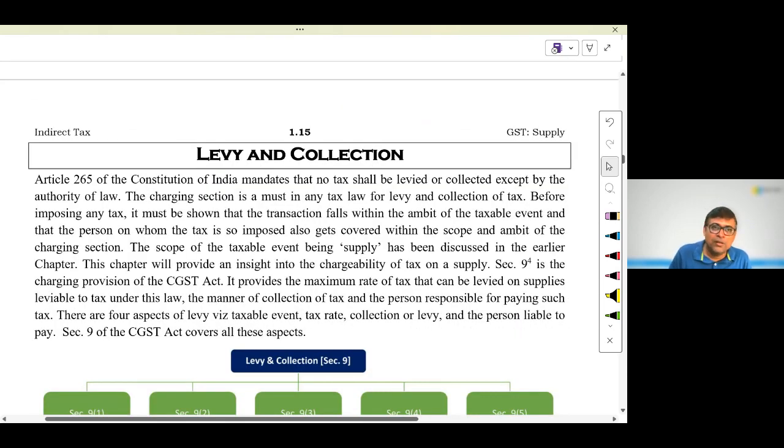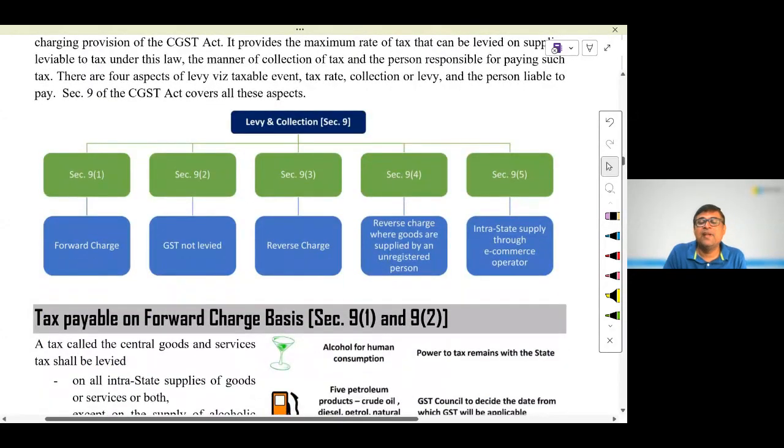Now we come to another chapter, levy and collection. There are three types of levy which we are supposed to understand: forward charge, reverse charge, and sometimes it is through a third party, that is, the e-commerce operator may be charged.